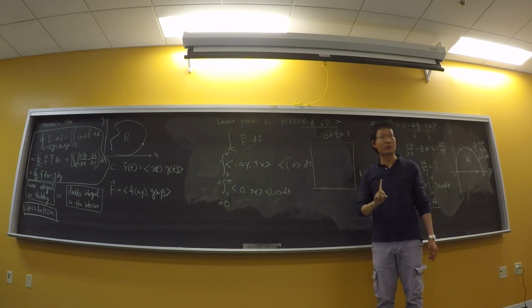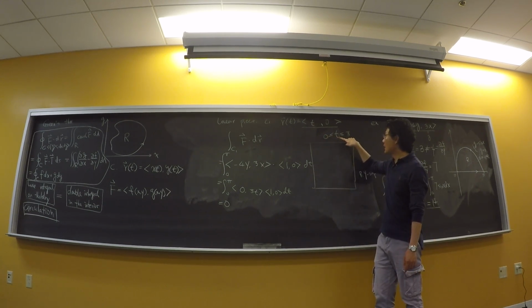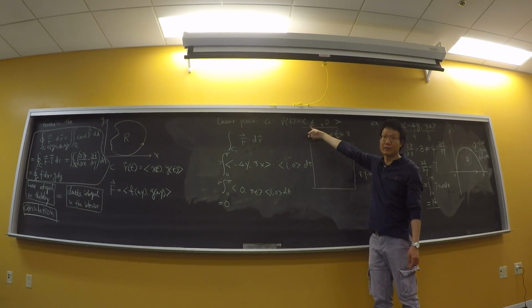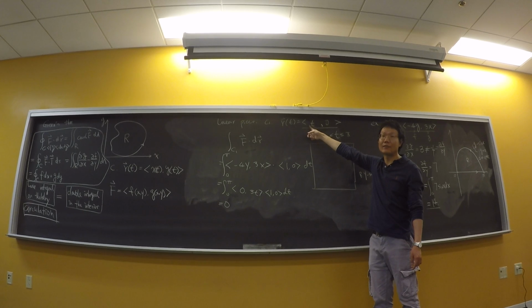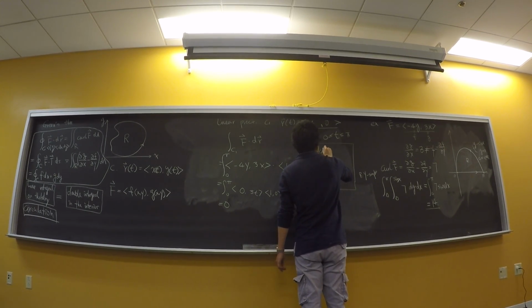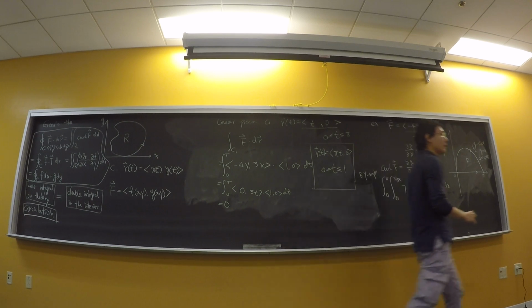I can also modify this to make my parameter go from 0 to 1, but I have to modify my parametric equation a bit. Instead of having t here, I have to have pi t. So I can also have my parametric equation defined by (pi t, 0), where t goes from 0 to 1. Okay?